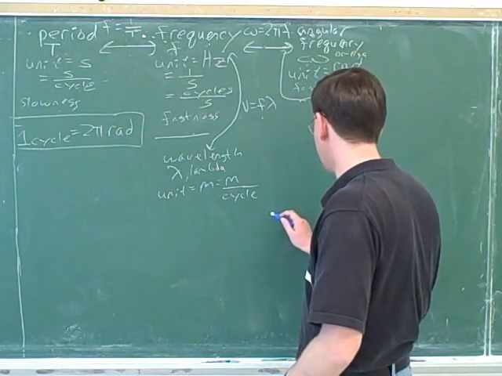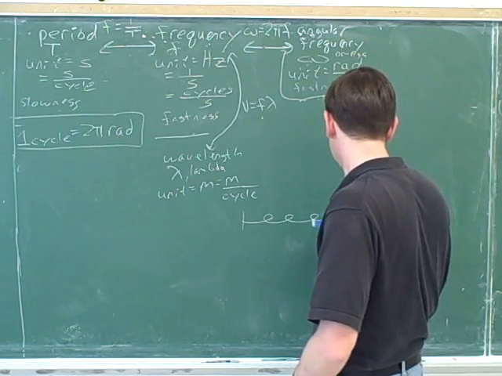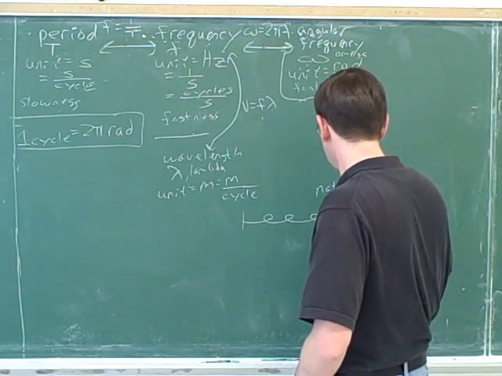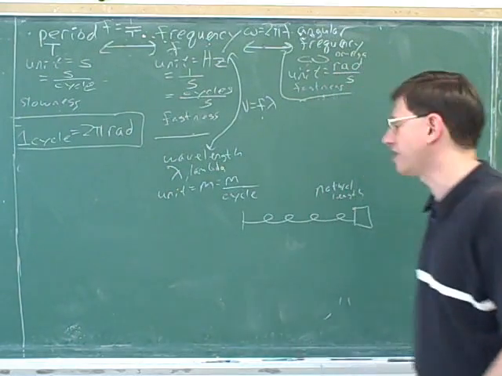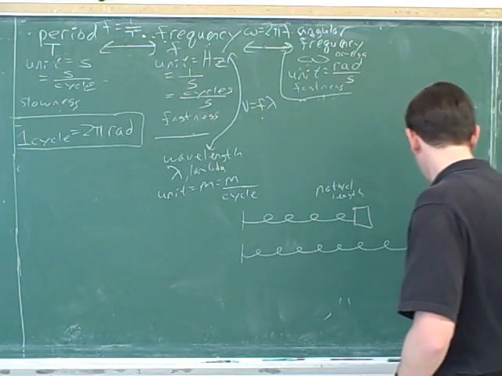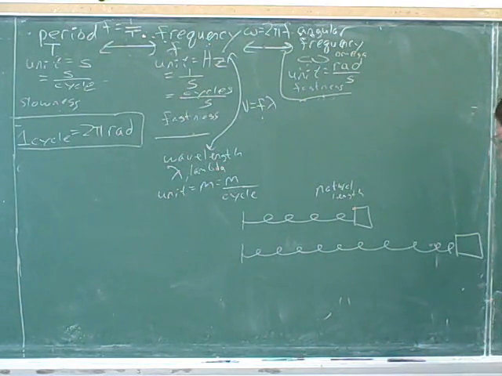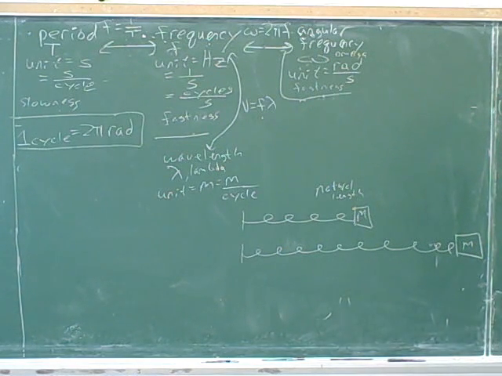So let's say we have a spring. Let's say this is the natural length of the spring. And let's say we pull it out to here. So here's a mass M that's attached to it.